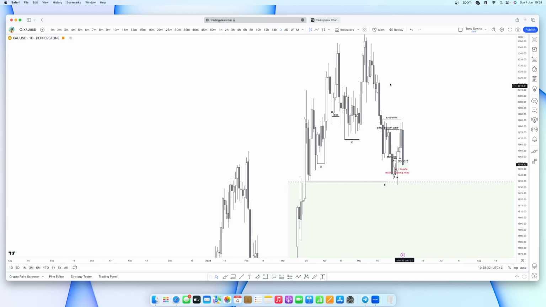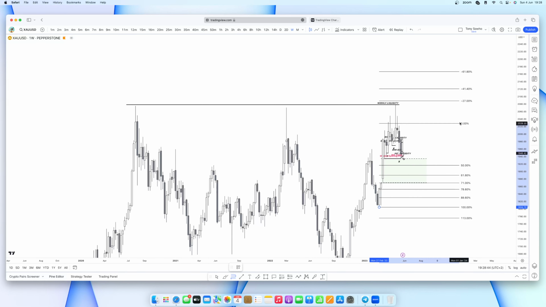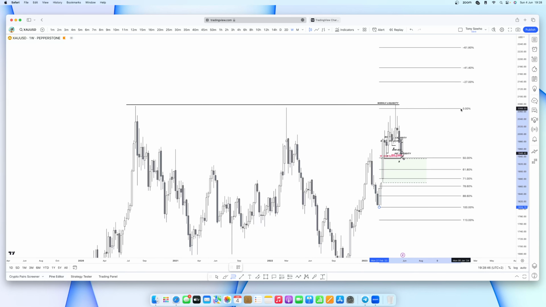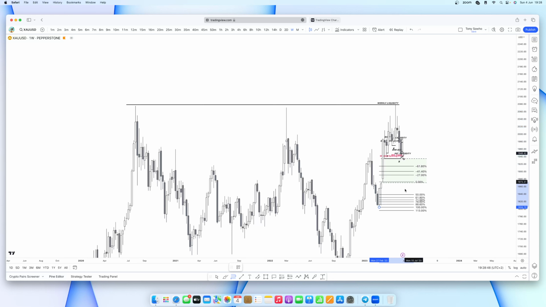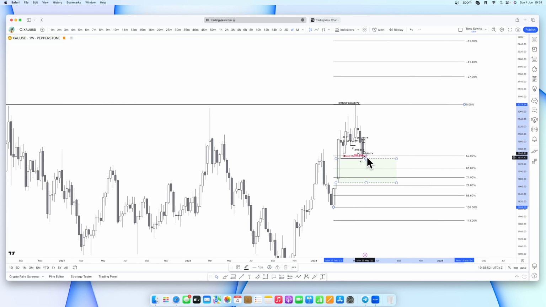or to the weekly now, can you see? So if we draw, let me see, maybe measuring from the swing high all the way to the swing low, yeah. From the swing low all the way to the swing high, rather. Price has already gotten to 50% already.